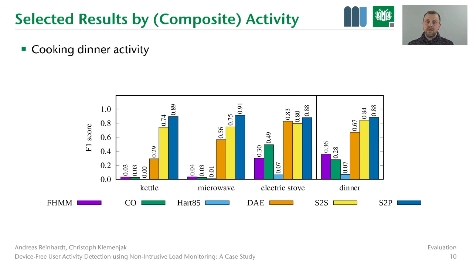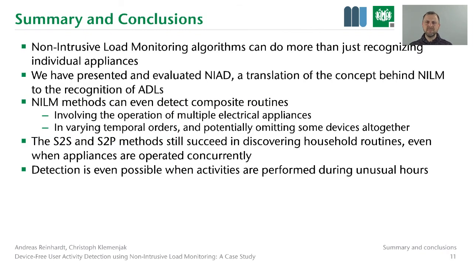And the same holds for the dinner cooking activity. So again, individual appliance disaggregation results are not really much worse than the results for the composite activity. And in fact, for the S2S, the sequence-to-sequence algorithm, we even see an outperforming result of NIAD in comparison to the 3 individual appliances.